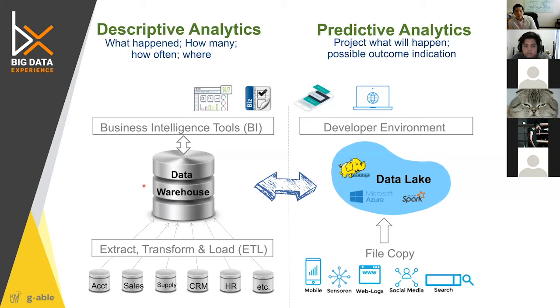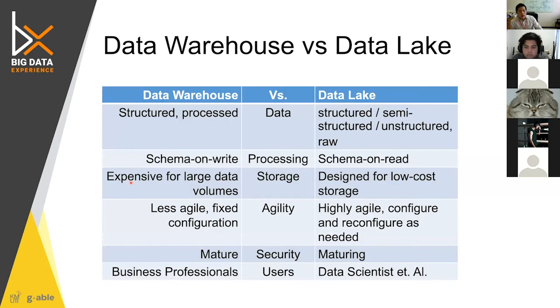So when you compare the data warehouse with data lake or big data, there are certain aspects where each of these is good and not good. In terms of the data itself, the data that you store in the data warehouse has to be structured data, while the data that you store in the data lake can be any format, can be structured, semi-structured, it can be raw data.